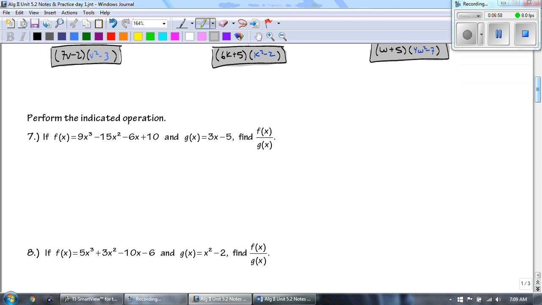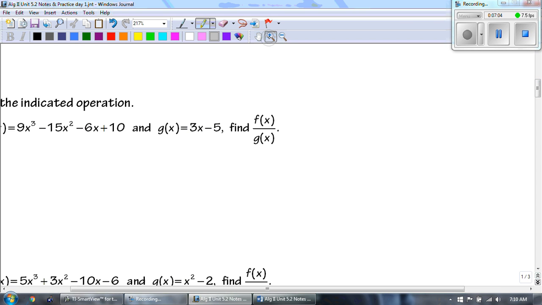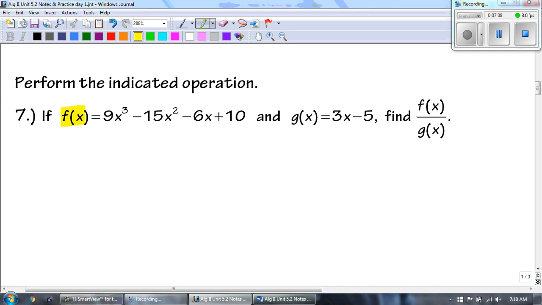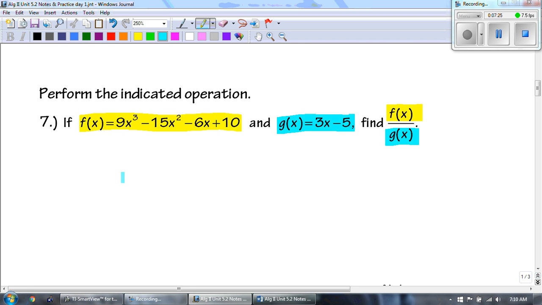Okay, so now it's asking us to perform the indicated operation. If f of x, here's my f of x, equals 9x cubed minus 15x squared minus 6x plus 10, and g of x is 3x minus 5, find f of x on the top divided by g of x.